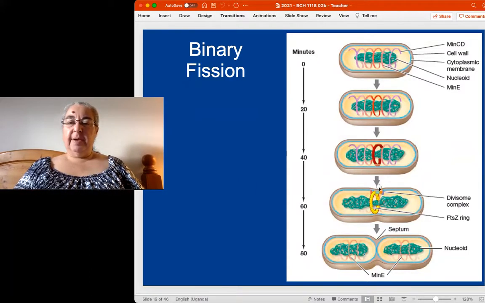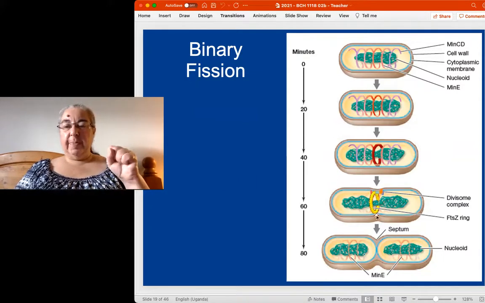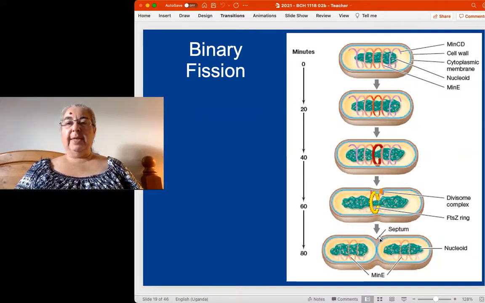The cell membrane pinches them off, and then a new cell wall forms around the outside. Remember, bacterial cells have cell walls, so a new cell wall has to be provided for this central part where there wasn't any cell wall before.